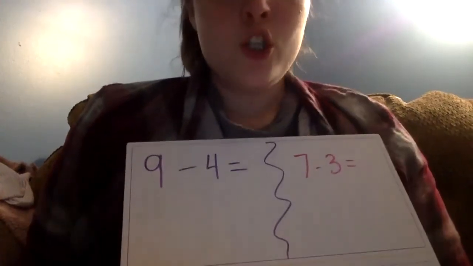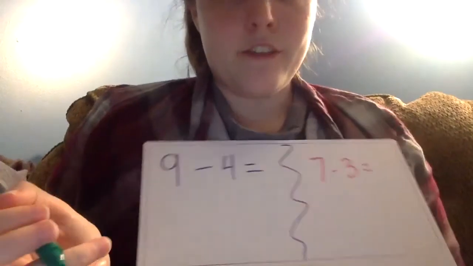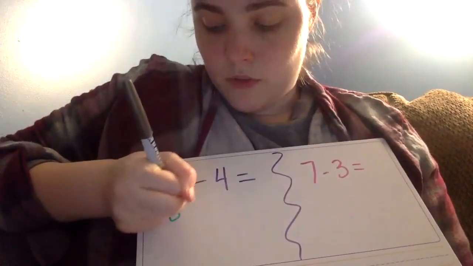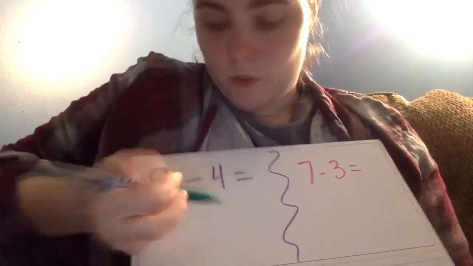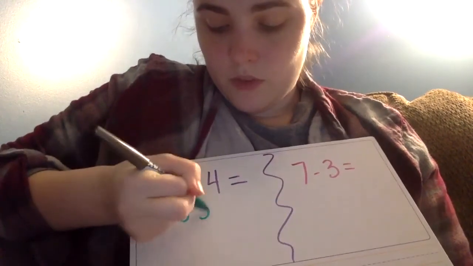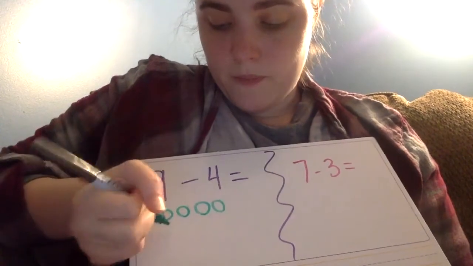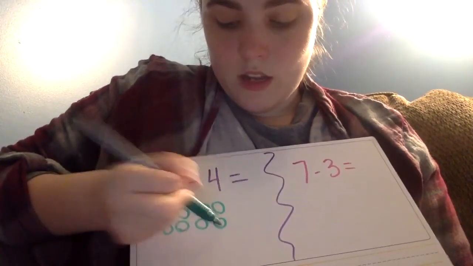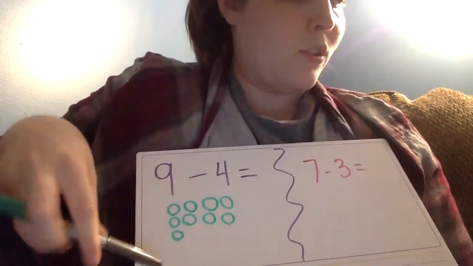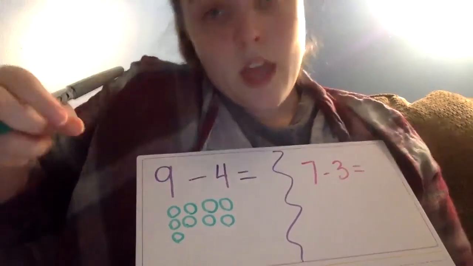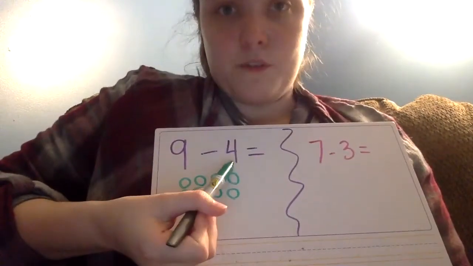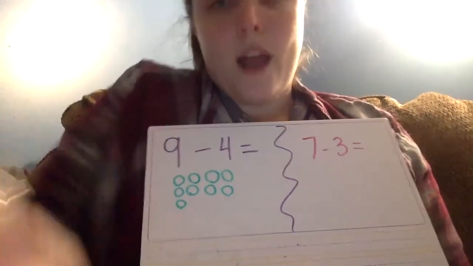Good. So I'm going to draw 9 apples. We have 1, 2, 3, 4, 5, 6, 7, 8, 9. So we have 9 apples. And what we're going to do is take away that second number here, and that says 4. So we're going to take 4 apples away.